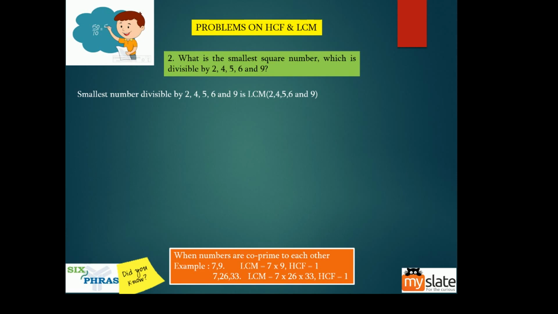So you have to remember this: the LCM of two numbers is equal to the smallest number divisible by those two numbers.